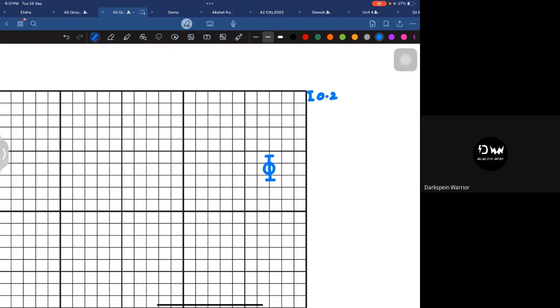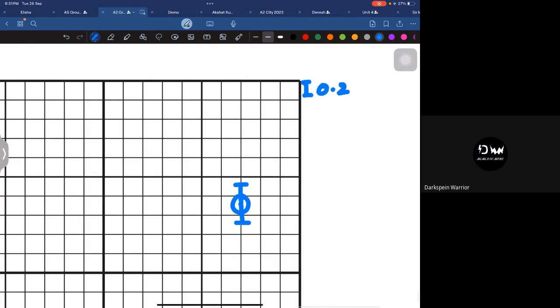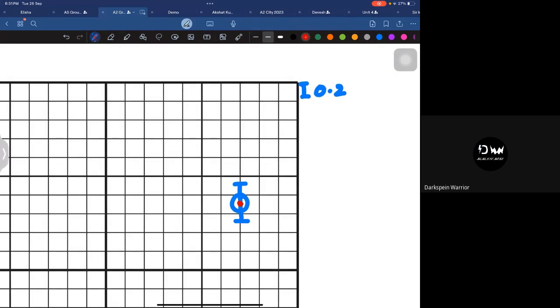Won't the error bar obscure the actual dot? Yeah, the actual dot is in the middle, right? It's right in the middle. No, it doesn't matter. You can go up and down. It's okay. So this is our point, right?